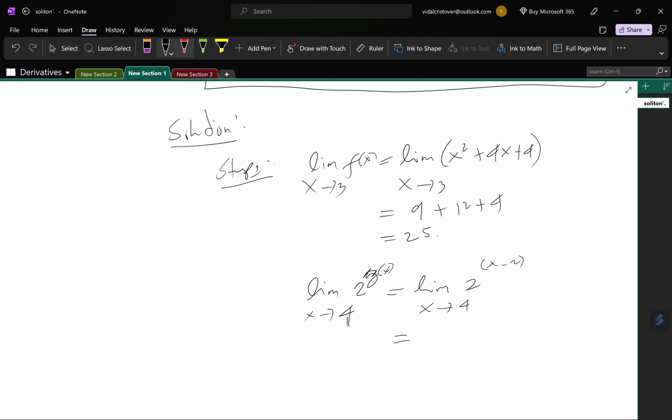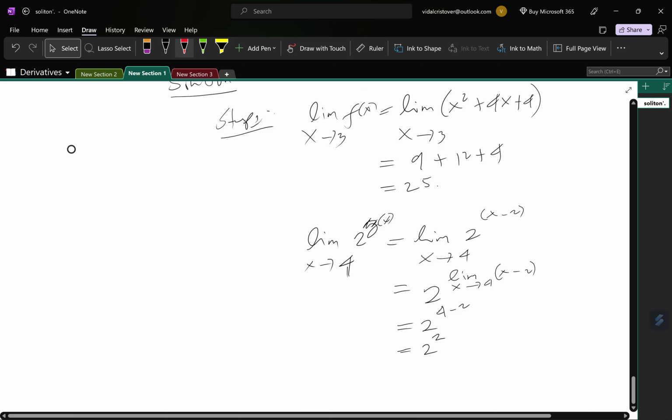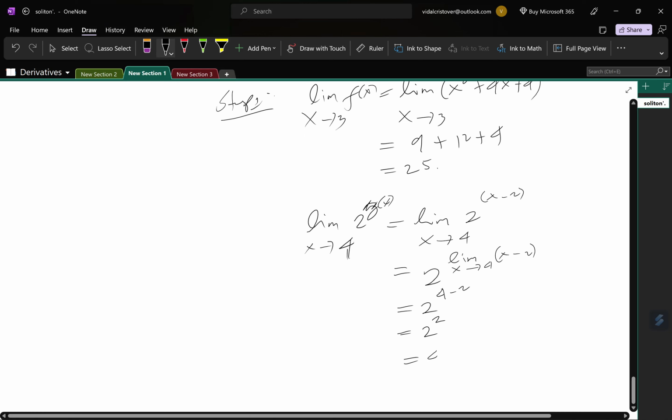So 2 raised to the power of x minus 2 are continuous functions. So this is equal to 2 raised to the power of the limit as x approaches to 4 of x minus 2. So this is just equal to 2 raised to 4 minus 2, which is 2 raised to 2. And then 2 raised to 2 is of course equal to 4.